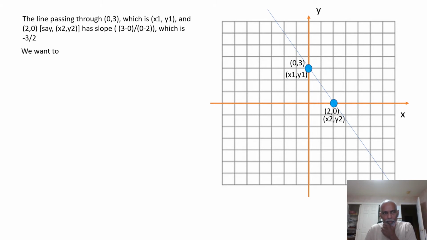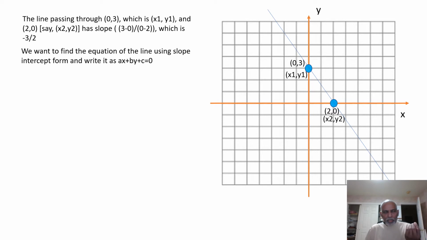Now, in order to find the slope intercept form completely, we already found the slope, so we are going to find the intercept. Here the intercept is actually 3, but we can also say that the point satisfies the equation y equals mx plus c.